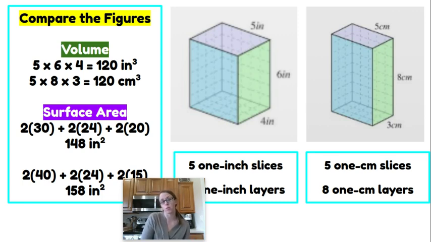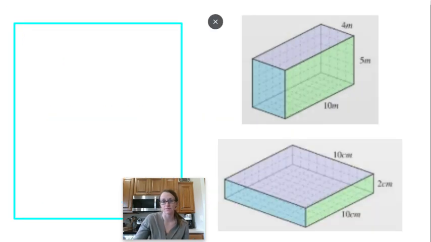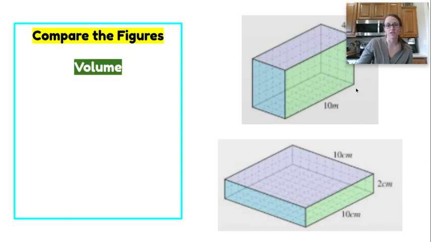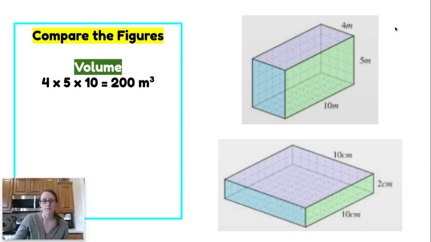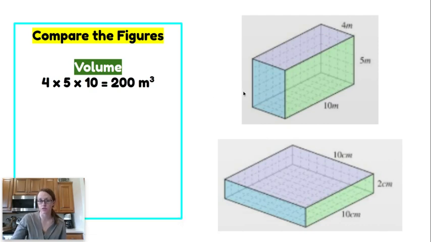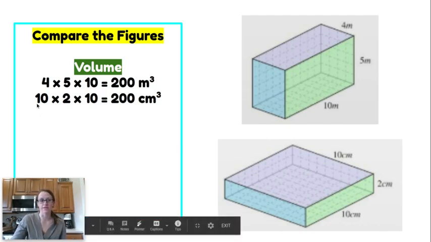Now, when I'm talking about a rectangular prism, slices versus layers doesn't really matter because I can use either to decide that that's going to be my base and I'm going to find the area of my base. If I look at these two figures and I look at the volume, I have 4 times 5 times 10 or 200 meters cubed. This one, I have 10 times 2 times 10, 200 meters cubed. They look very different though.